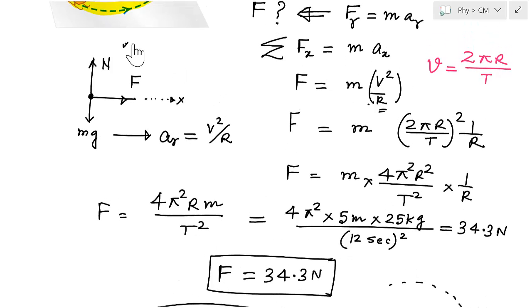If you want, you can also use that, which will simply give you N equals mg, that is, the normal reaction equals mg. So we have only used the radial direction expression that gives you the force. The only thing you need to remember is that the acceleration in the radial direction is v square by r, and we can calculate v using the formula 2 pi r by the time period.